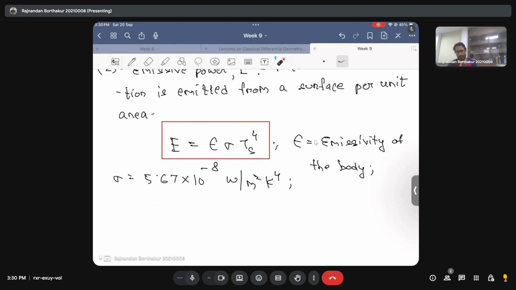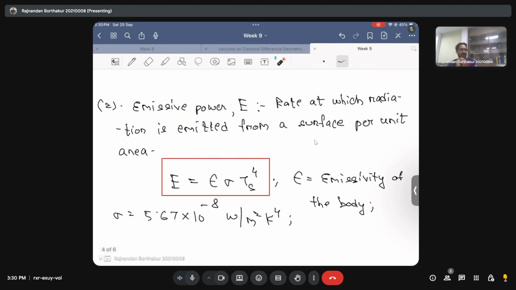So given that there are two things that are happening, one, the incoming radiation falling on a particular surface, and owing to its own temperature, there is an emissive power that is associated with it.